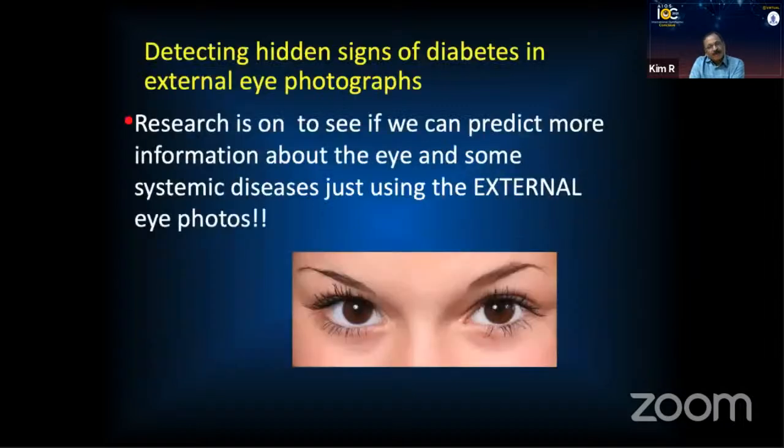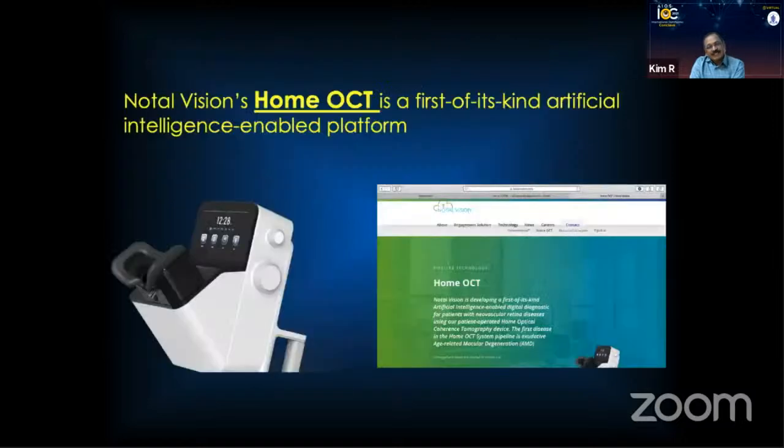Of course, there are a lot of biomarkers being identified, but more interestingly, just by taking external eye photos, people are able to identify, or it appears there is a possibility you may pick up, some of the posterior segment diseases. Of course, this appears very futuristic, but it looks like there is a possibility.